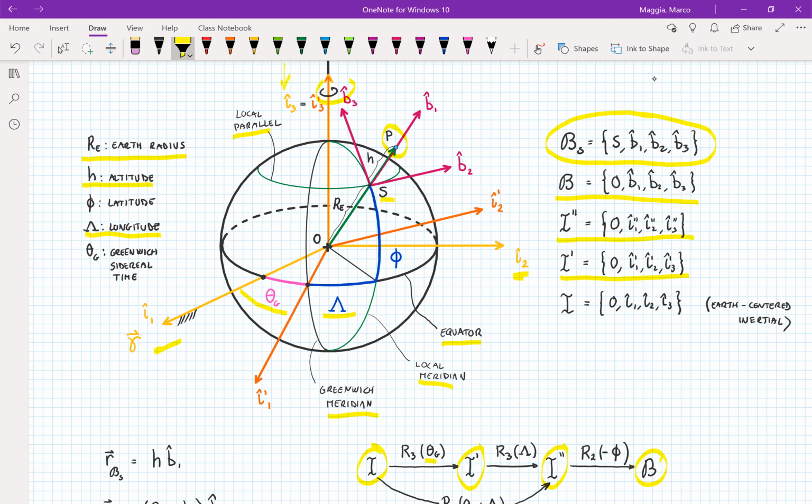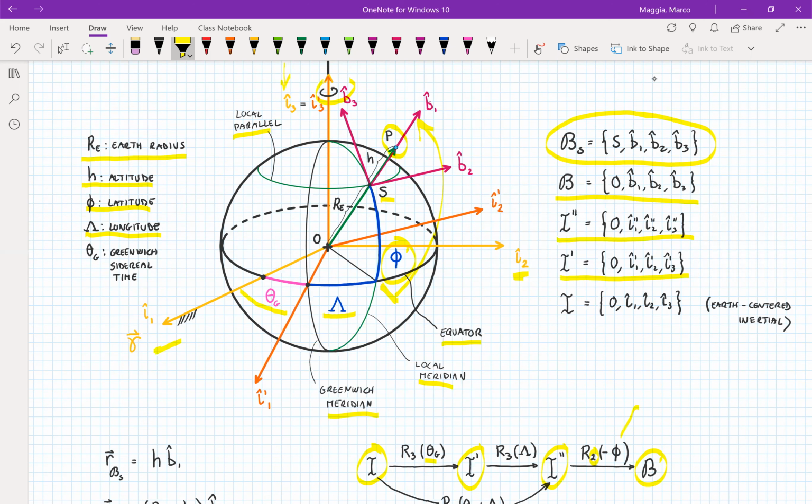Now, how do we get from I2 to the body frame B? Well, we have to perform a rotation of the angle phi, which is the latitude of our vehicle. But now the rotation has to happen about the local y-axis, or second axis, and now the rotation happens clockwise.